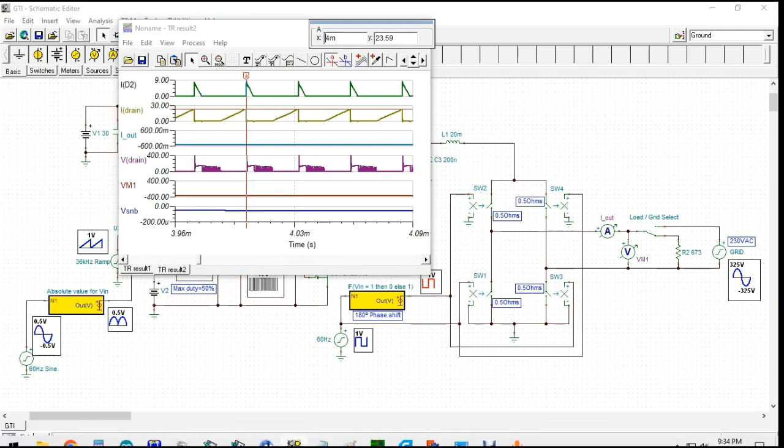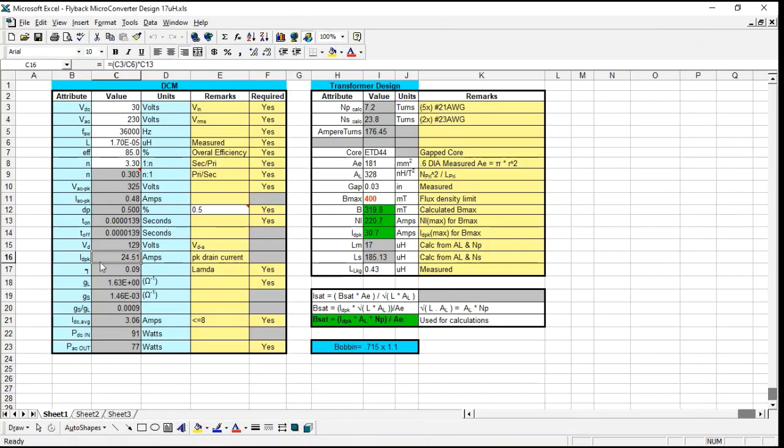If we go to the right, with this 36 kilohertz, 17 microhenries, coming in with 50% duty cycle, we should be getting around 24 amps.